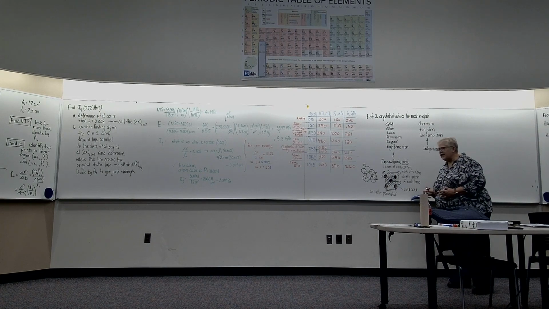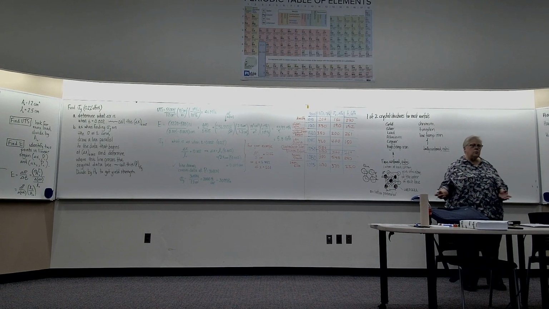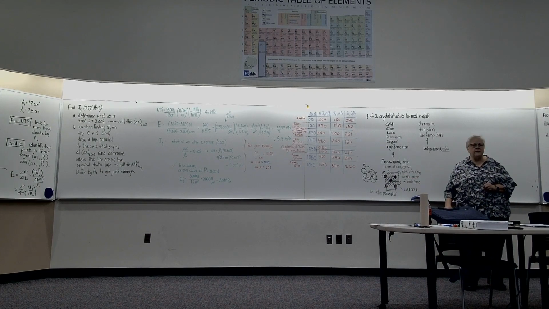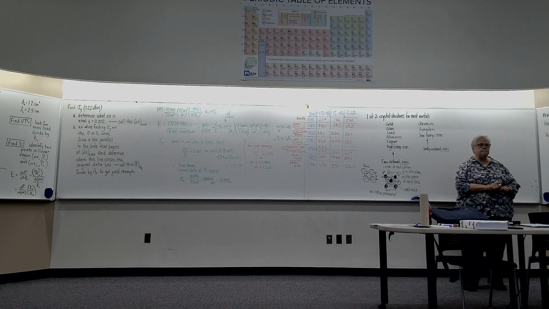If we could break down this repeatable arrangement to its smallest part or its smallest unit, it would be a unit cell like that, and that's repeating in 3D space. Face-centered cubic.